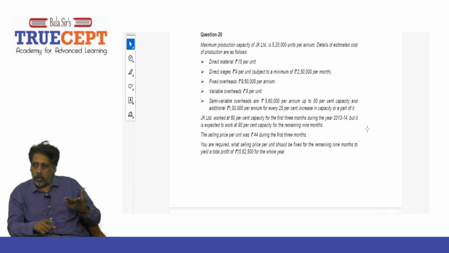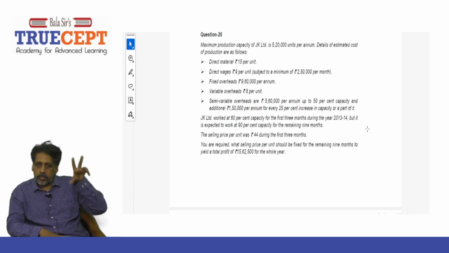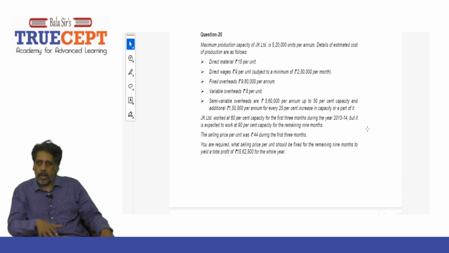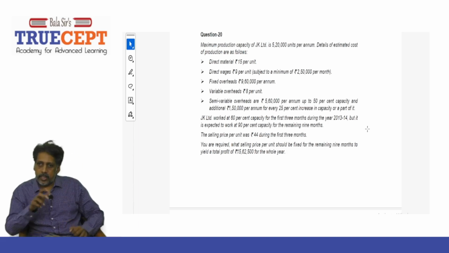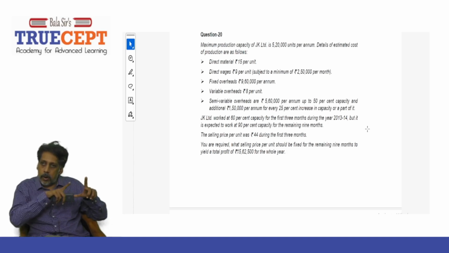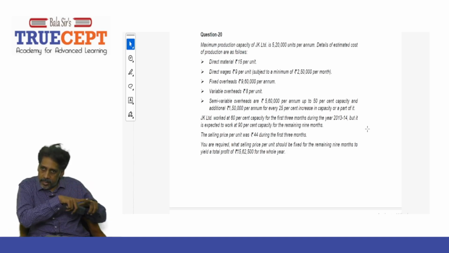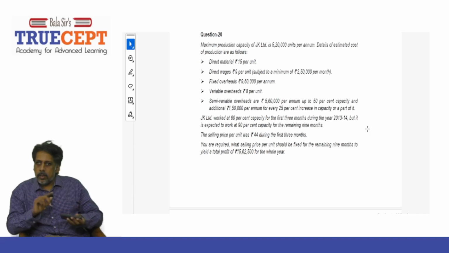But a better description of this is step cost. You know the exact example of a semi-variable overhead? The telephone rent we used to pay in those days, fixed line, not your mobile phone. We pay a fixed amount of rent plus an amount based on the number of calls we make.